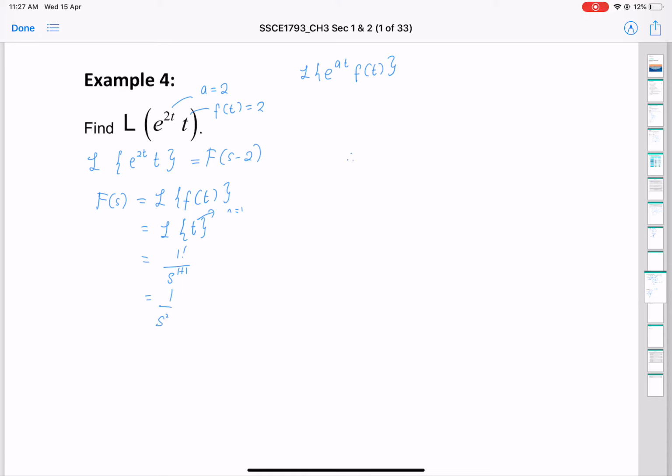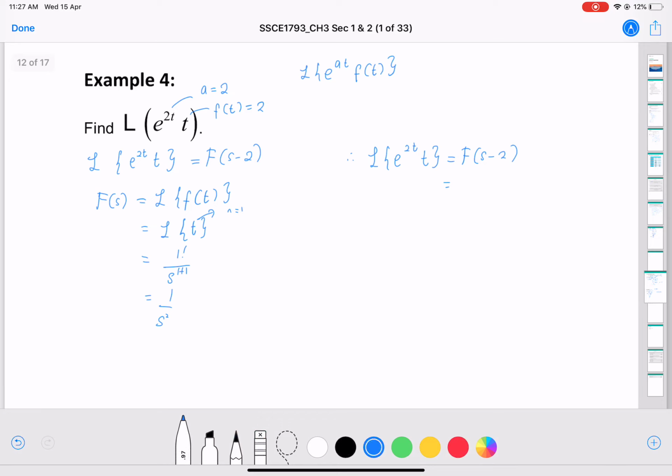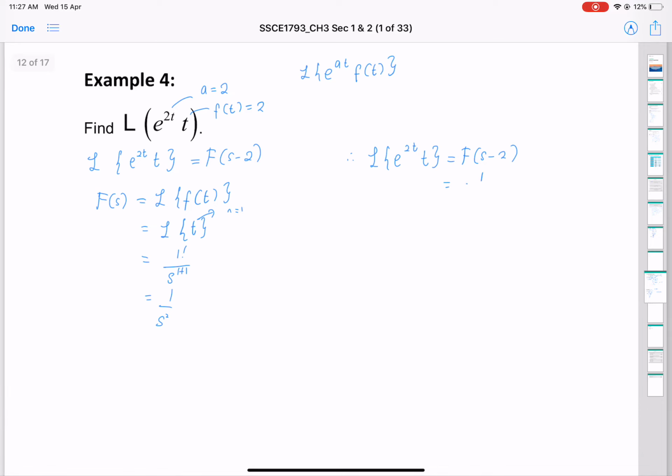So therefore, Laplace of exponent 2t multiplied by t is equal to fs minus 2. So this is your fs. Now you must replace your s with s minus 2. Be careful, you replace the whole term. So you have 1 over s minus 2 square.